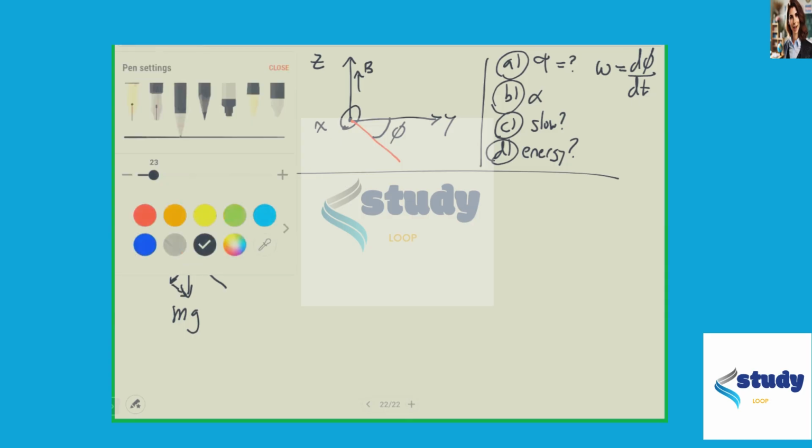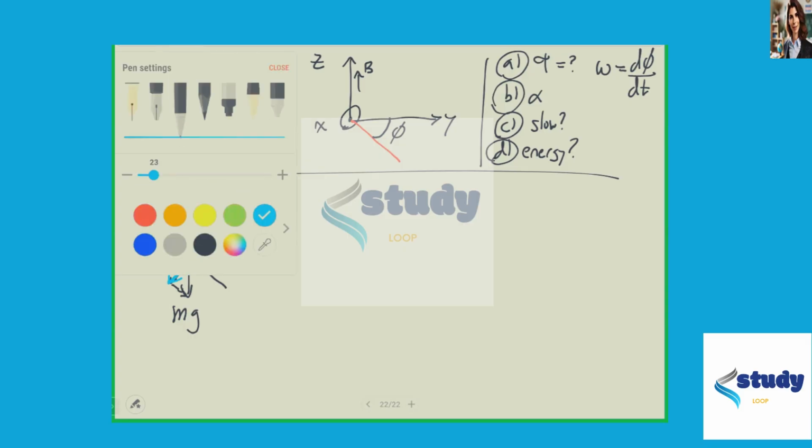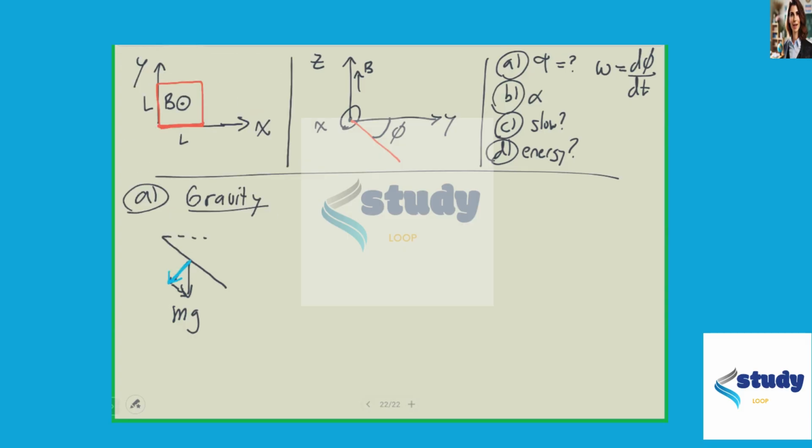The component of gravity that we care about is actually this one, because the other component doesn't provide a torque. So if this angle is phi, you can see that that angle is going to be phi. So the gravitational force we're interested in is going to be the cosine of phi.